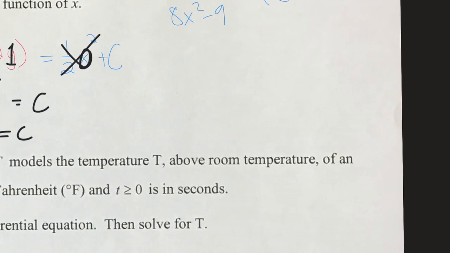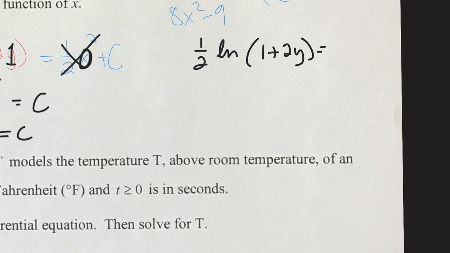So 1/2 natural log of 1 plus 2y equals 1/2 of x squared plus the natural log of root 3. Okay, so our algebra, multiply everything by 2.